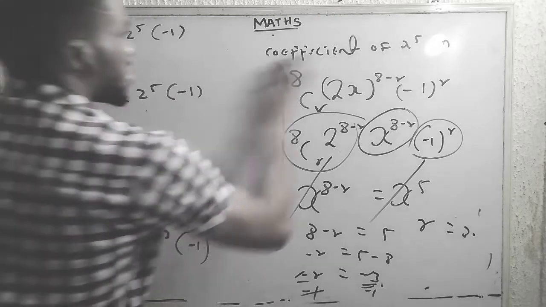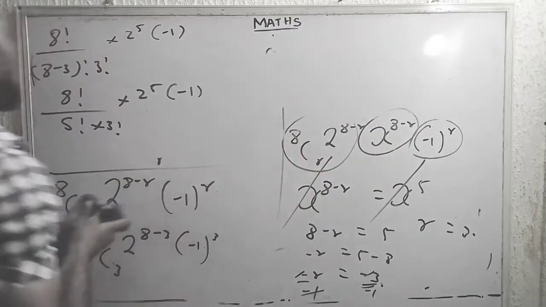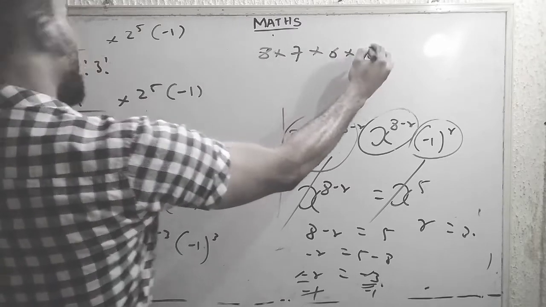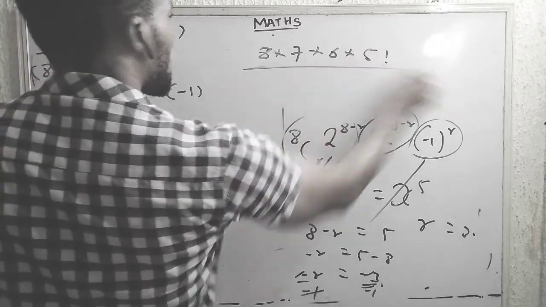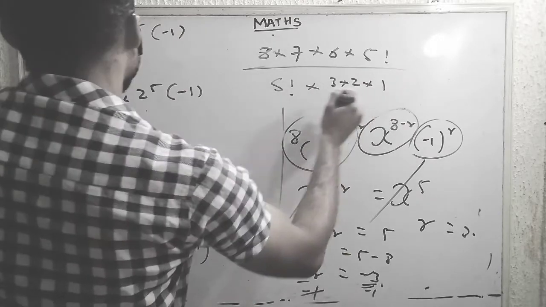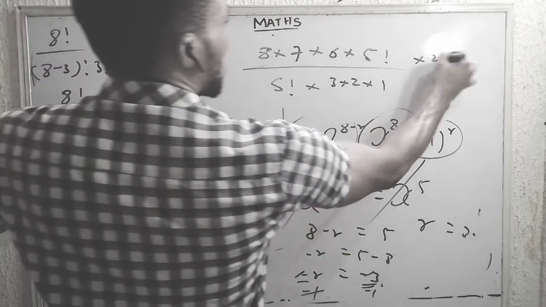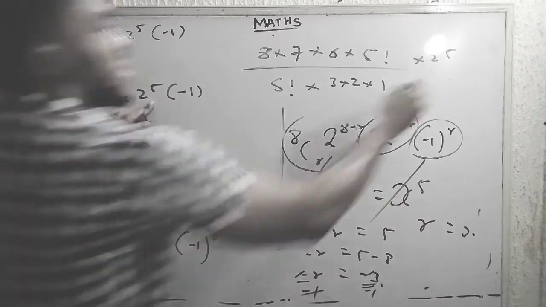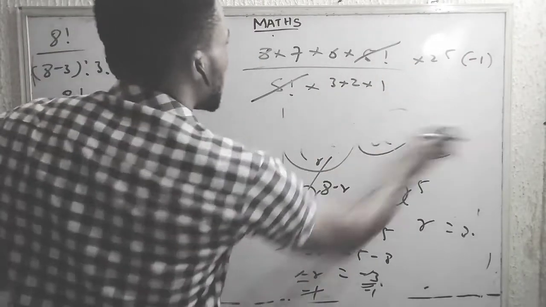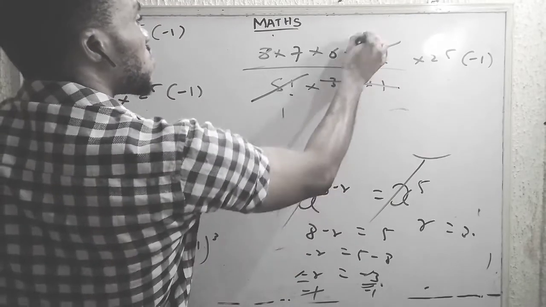So from that point again, I will have something that appears in this manner: 8 times 7 times 6 times 5 factorial divided by 5 factorial times 3 times 2 times 1. Then what is here is 2 raised to the power 5 against minus 1. So this will cancel this. Then from that point again, this will cancel this.